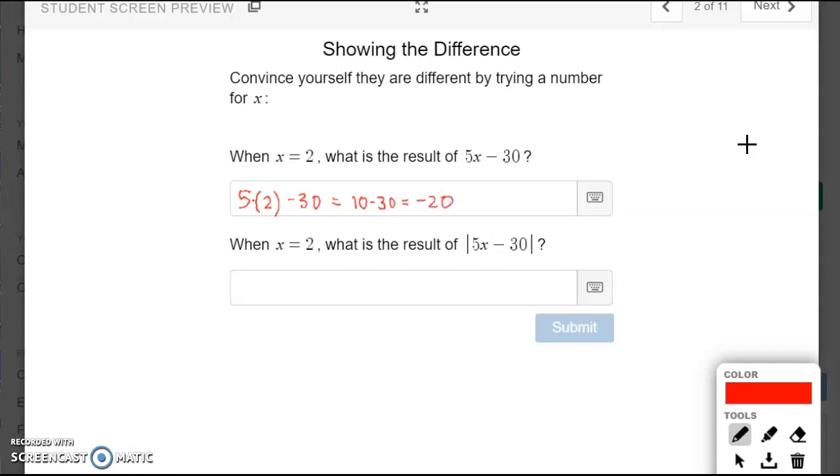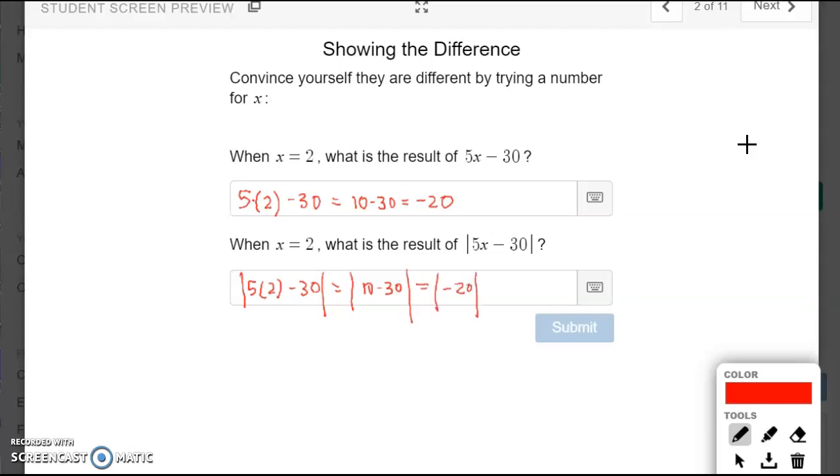What about the absolute value of 5x minus 30? Well, we still have the absolute value. The only difference is we have the absolute value symbol. So what's inside is still the same, 5x minus 30. 5 times 2 is 10 minus 30. And then 10 minus 30 is negative 20.